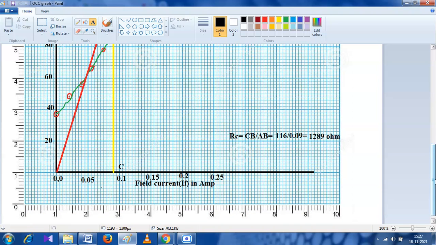Suppose in a field we provide 220 volts and the current flowing through that field coil is 0.28. Then what is the value of field resistance?